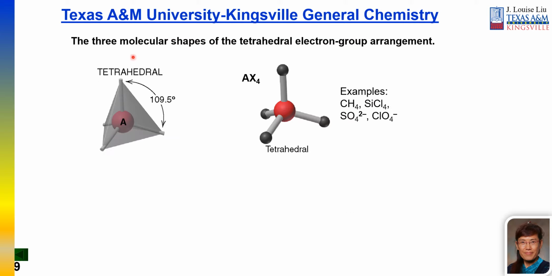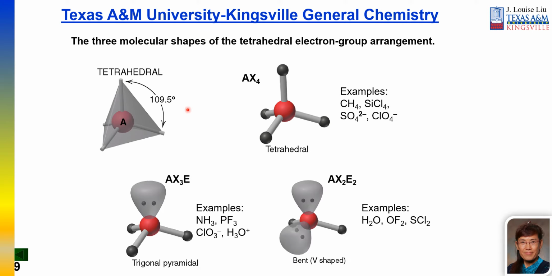As we mentioned, the third molecular shape originates from the tetrahedral electron group arrangement. If you have the electron group arrangement which is tetrahedral, you have a central atom, you have element 1, surrounding element 2, surrounding element 3.